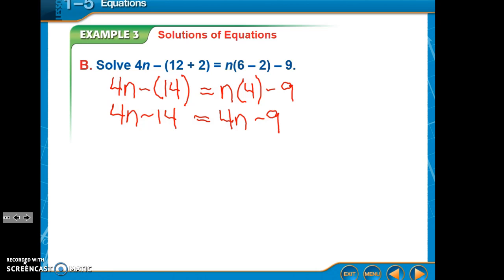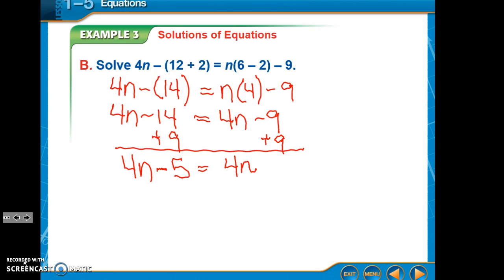Okay, so we're going to add, so whatever we do to this side, we need to do to this side. So we have negative 14 plus 9, which is negative 5 equals 4n.